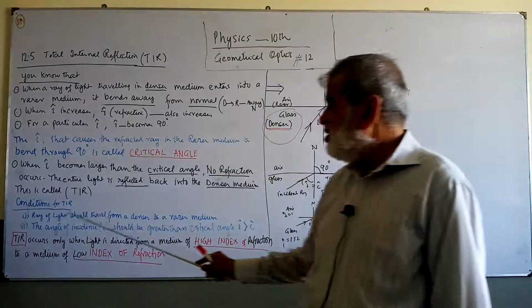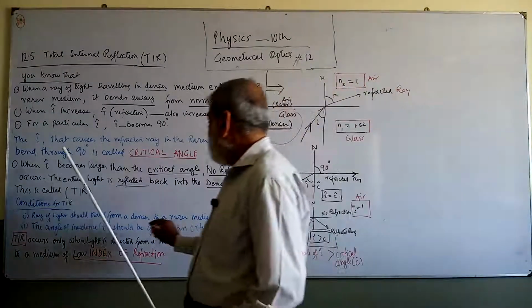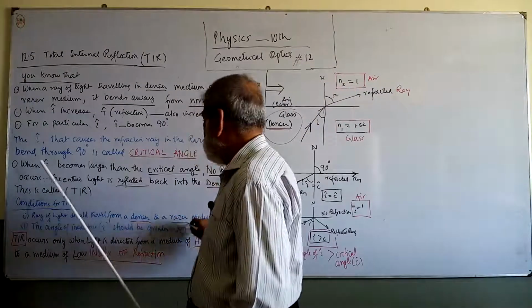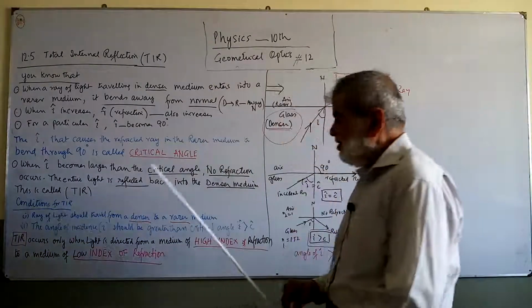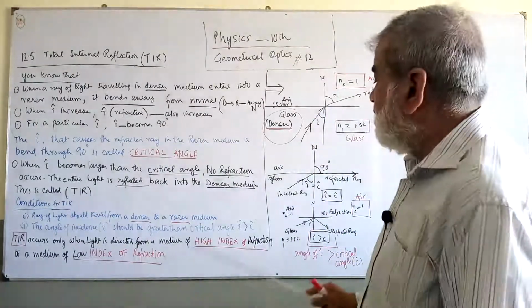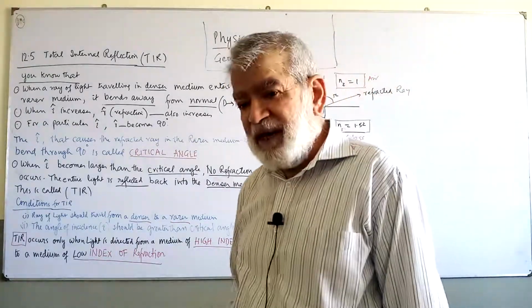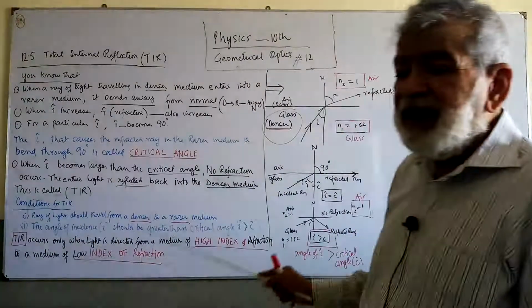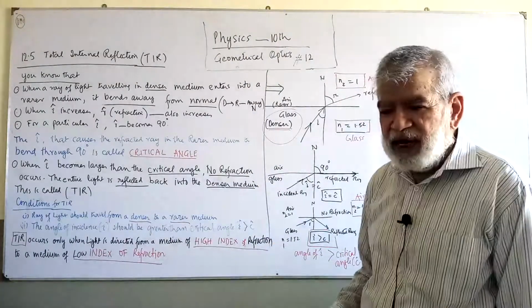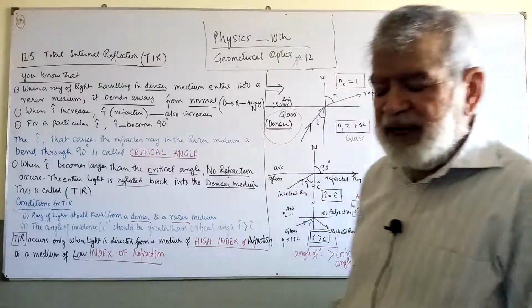What are the conditions? The ray of light should travel from a denser to a rarer medium. You have to remember this. This is the first condition. Two, the angle of incidence i should be greater than the critical angle. That means the angle of incidence should be greater than the critical angle for that medium.